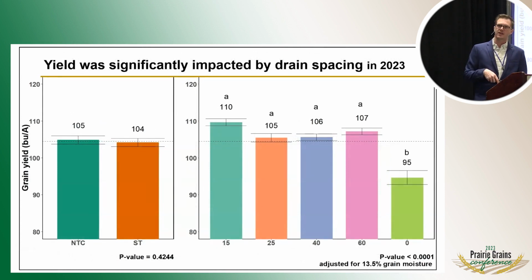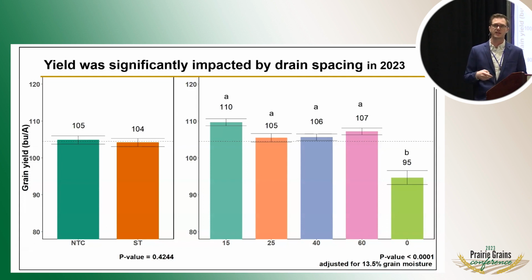And then finally, we get to our yield data, and this year was another absolutely phenomenal year. We averaged 104.5 bushels per acre in this area. You can see there's really no difference at all between the seed treatment and the non-treated seed. But when we look at the drain spacing, we see that all of our drain spacings provided us with almost a 10 bushel increase compared to our non-drained soil this year.